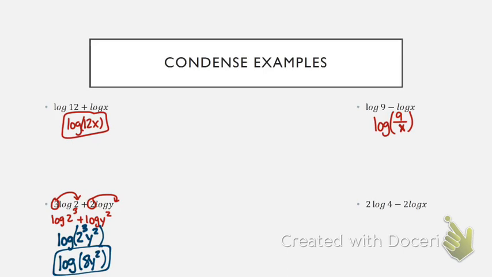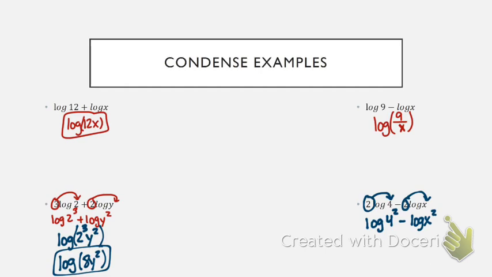Okay, so this one, start off the same. This 2 out front, actually they both have a 2. But this 2 out front should be moved to an exponent, go back where it belongs. So I have log of 4 squared minus log x squared.